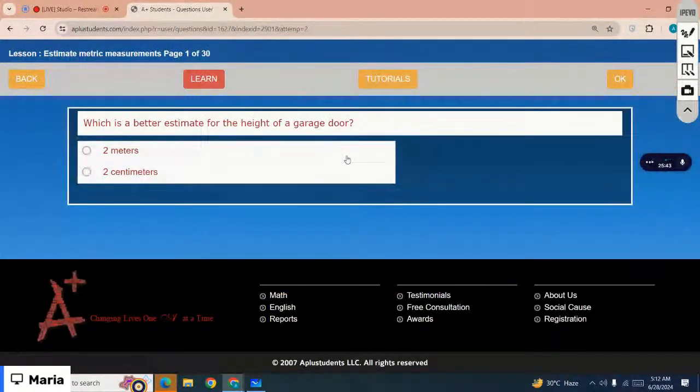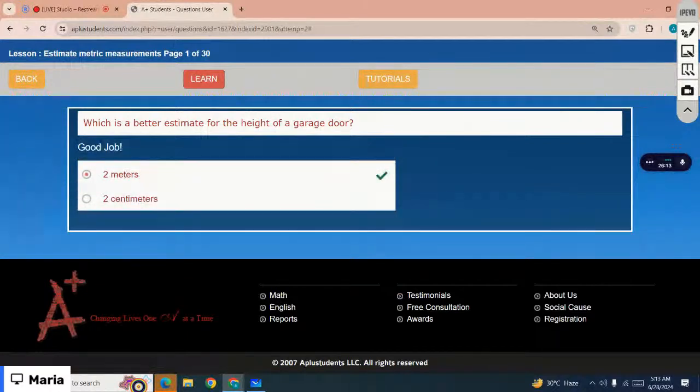Which is the better estimate for the height of a garage door? The correct option is 2 meters, right? Because 2 centimeters is too small for the height of the door.